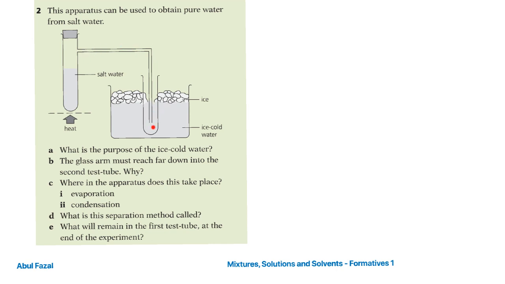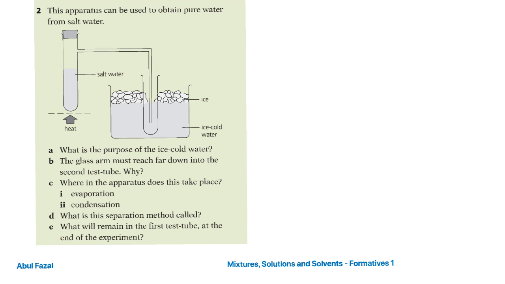So the longer, deeper it is in the water, the more chance it has to cool, the more cooling you're doing to it. So that's the answer. To allow all the water vapor to cool down. And if it's just barely there or not even touching it, that water vapor isn't going to cool down in time and it's just going to fly off. So to properly collect it, it needs to be underwater.